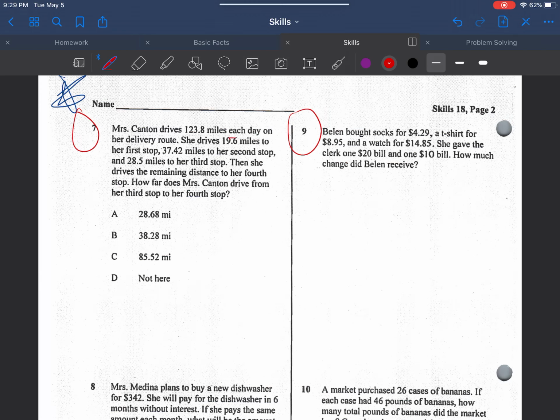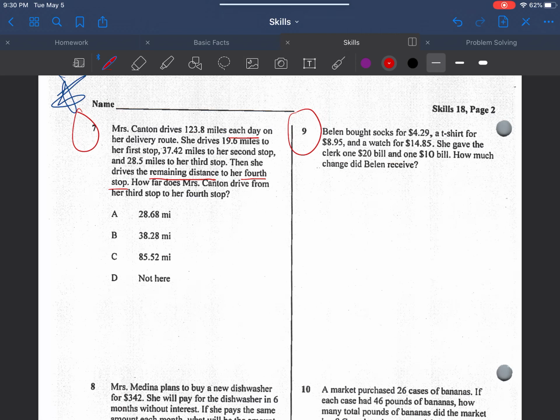7 says, Miss Canton drives 123.8 miles each day on her delivery route. She drives 19.6 miles to her first stop, 37.48 miles to her second stop, and 28.5 miles to her third stop.